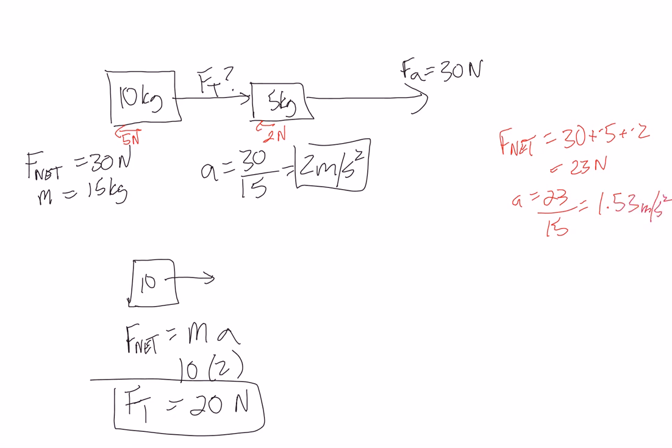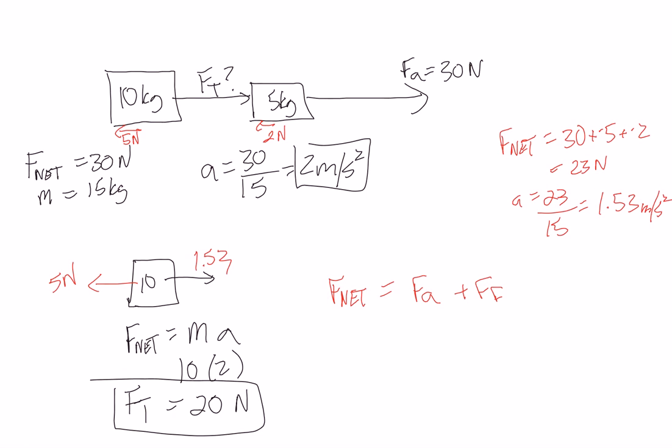Okay, so now for the second part, the tension on the rope. We still have an acceleration of 1.53, so that part's good. We still have a mass of 10. The difference this time is you also have to worry about the friction. So this box is also getting pulled back with a friction of 5 newtons. So we have to go mass times acceleration. We have 10 times 1.53. So the net force in this case is going to be the applied plus the friction.